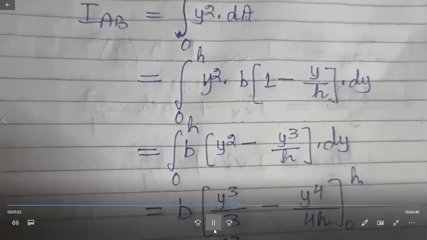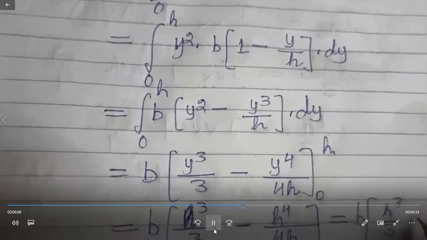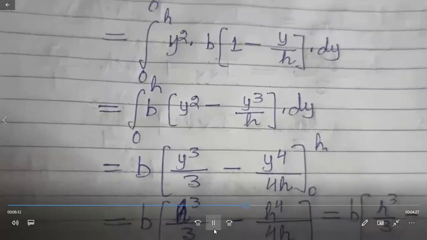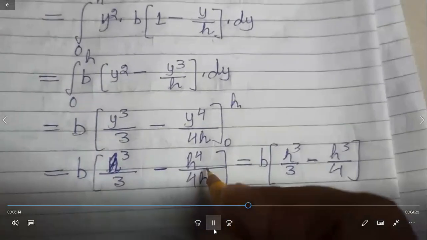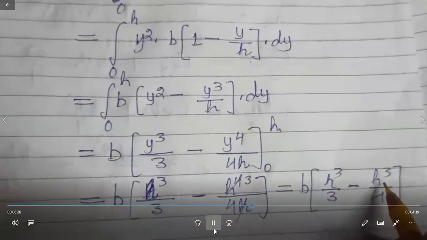Now putting the limits, on putting, h cube upon 3 minus h to the power 4 upon 4h, or this is equal to b into h cube by 3 minus h cube by 4. h will cancel out, so h is to the power 3.